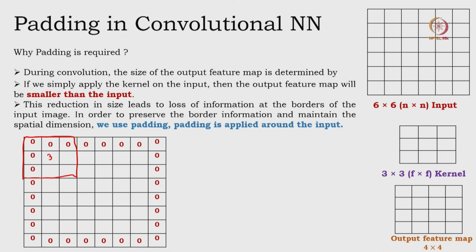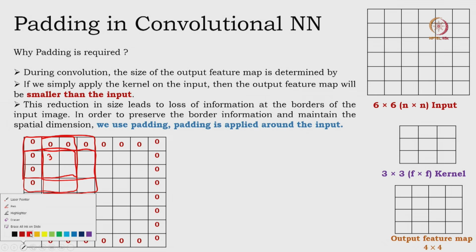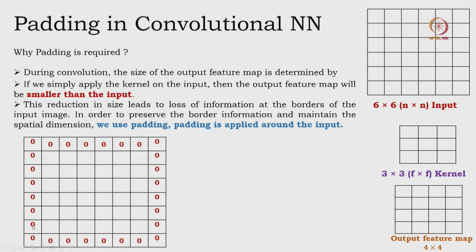Then when you stride, is it not 3 is looked at a second time? Then when you stride down, 3 is again seen. When you stride, again 3 is seen. This was not the case before, but by padding you are able to see the border information also. That is the main advantage of going for padding.